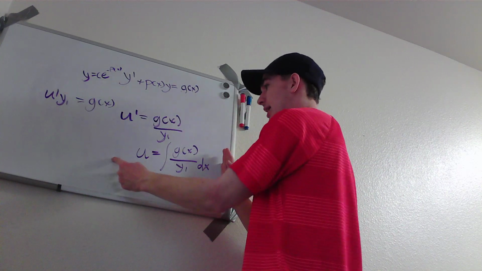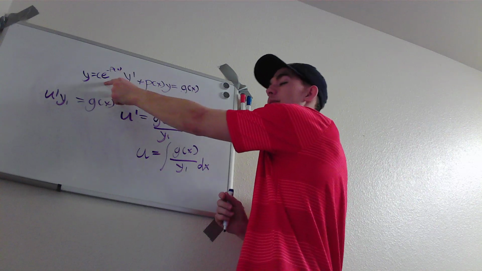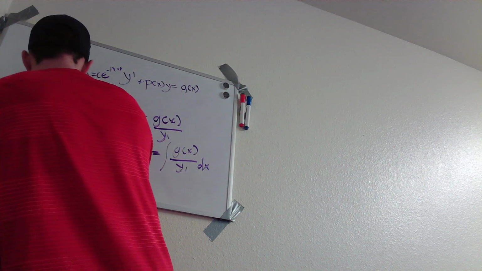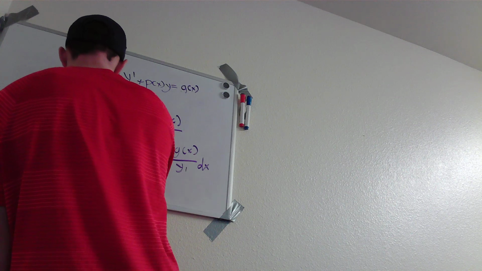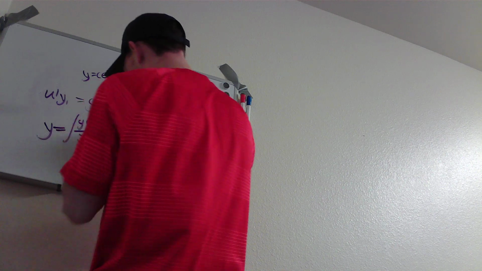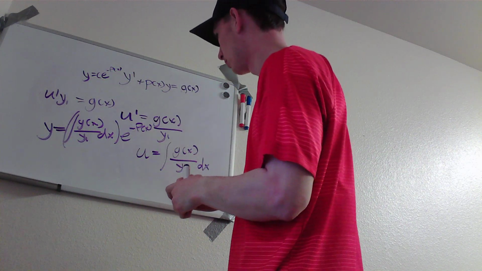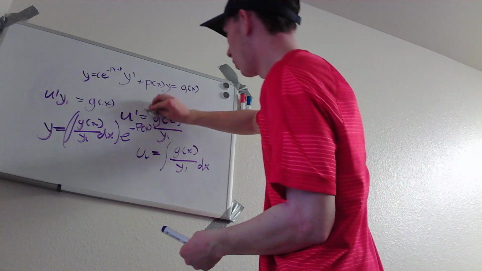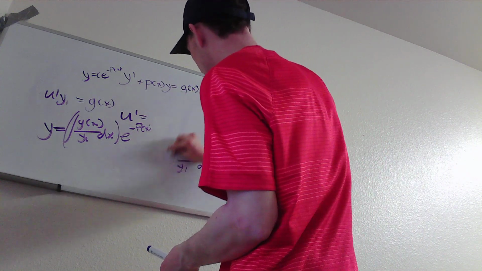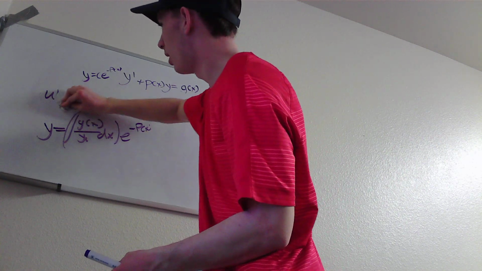So then we're going to plug this back into y, and we will get the solution. So we will get y equals the integral of g of x over y1 dx times e to the negative p of x. This is your final solution of this integral here.